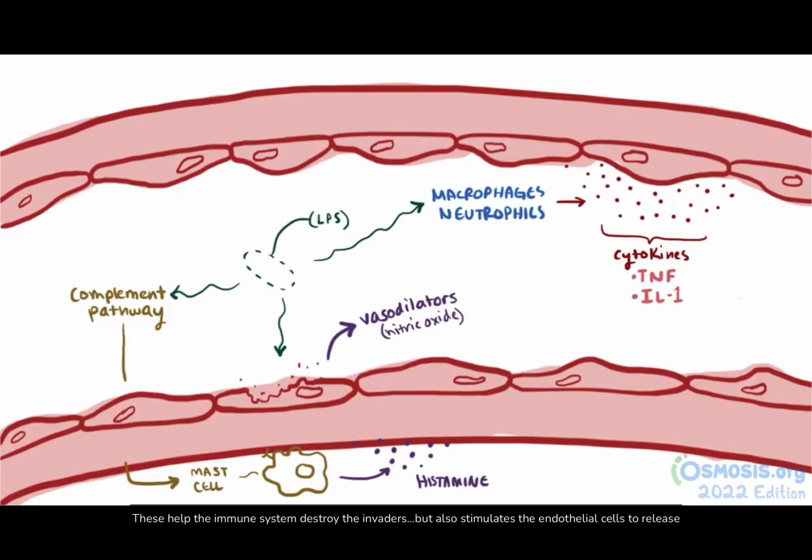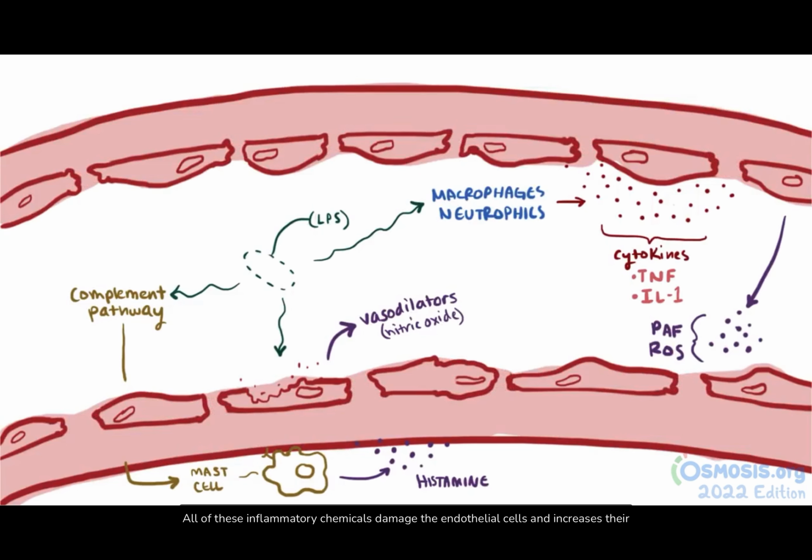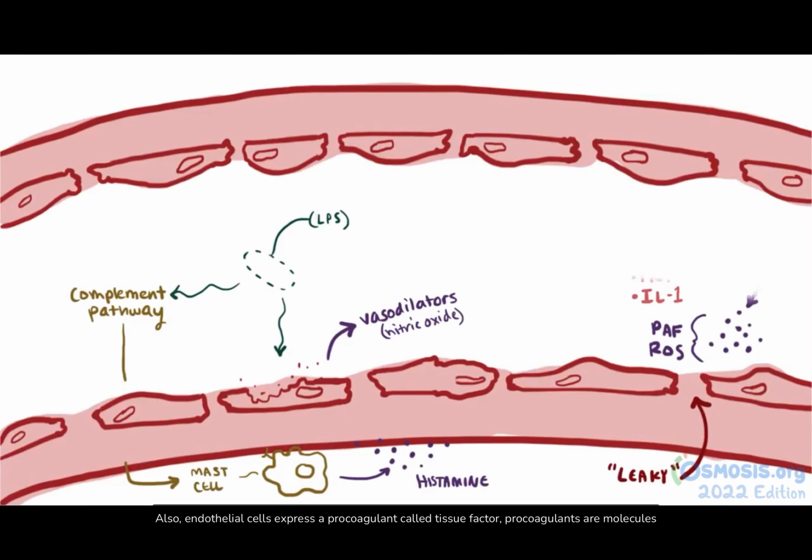These help the immune system destroy the invaders, but they also stimulate the endothelial cells to release more inflammatory molecules like platelet activating factor and reactive oxygen species. All of these inflammatory chemicals damage the endothelial cells and increase their vascular permeability, making the blood vessels leaky. Also, endothelial cells express a procoagulant called tissue factor.